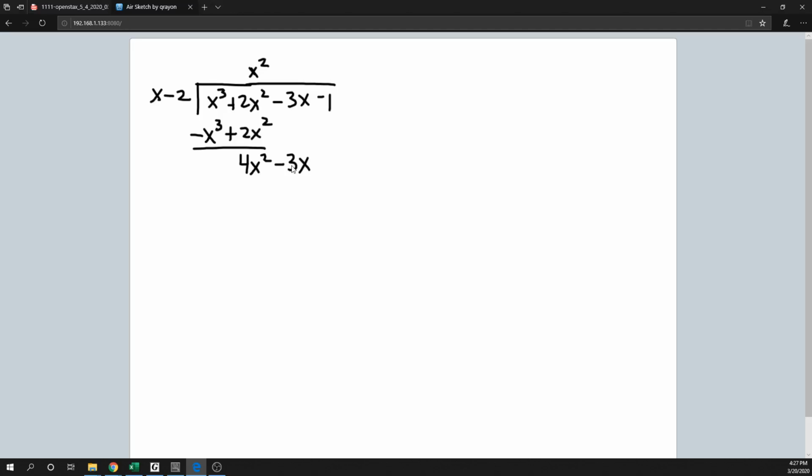All right, and now I'm ready to start the cycle again. So I would ask myself, hey, what would I multiply x by to get 4x squared? And that would be plus 4x. All right, next is multiply. 4x times x is 4x squared. 4x times minus 2 is minus 8x.